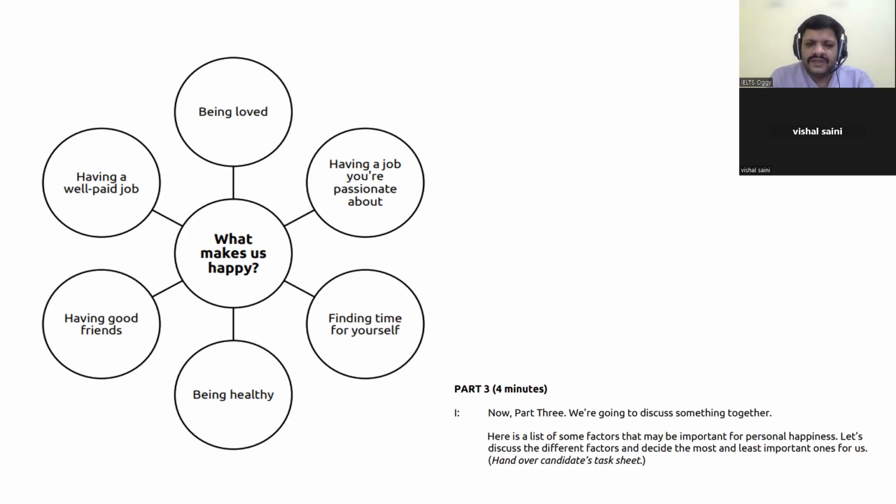Okay, so let's focus on this now. The task is about what makes us happy. So we have to discuss these six parameters, and the candidate starts the response. The candidate will say, first speak about this, then move on to this one, then this one, or whichever order the candidate likes.